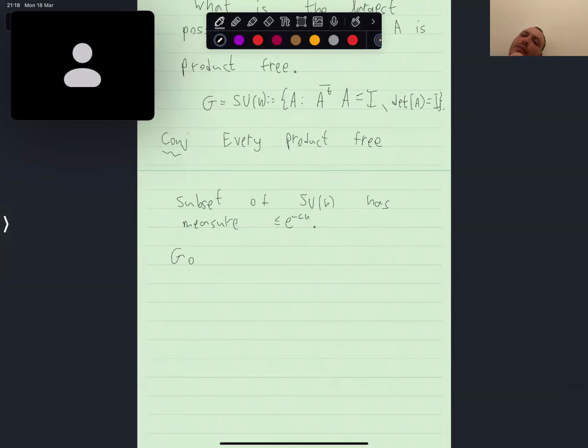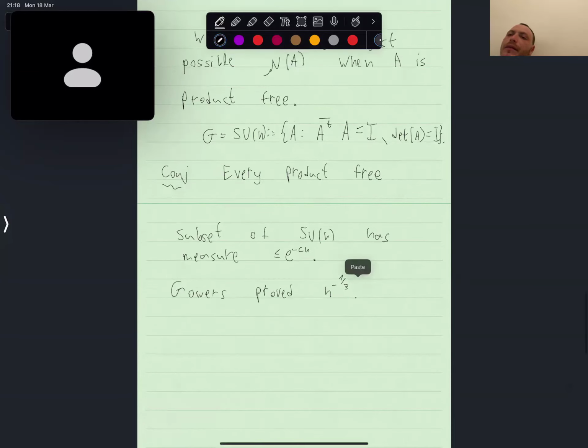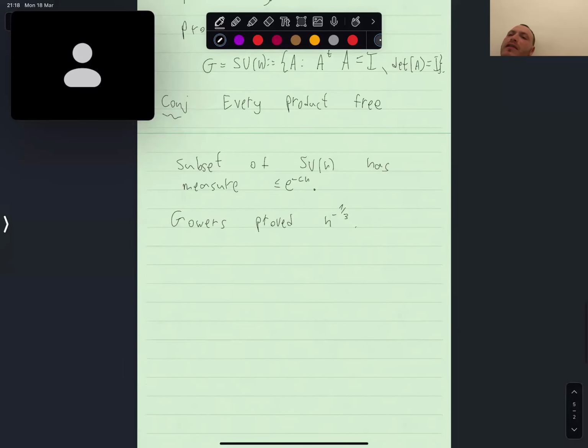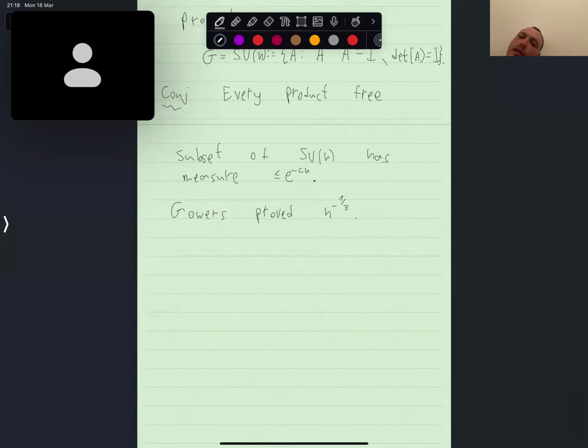And what he proved was n to the minus 1/3. So he left basically an exponential gap between what his methods were able to obtain and the construction. And the construction corresponds also to some group action.